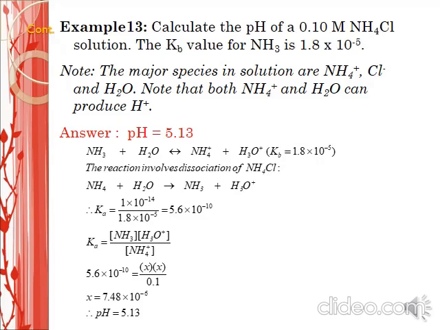Let's say I give you Ba(CH3COO)2. So this is a salt.